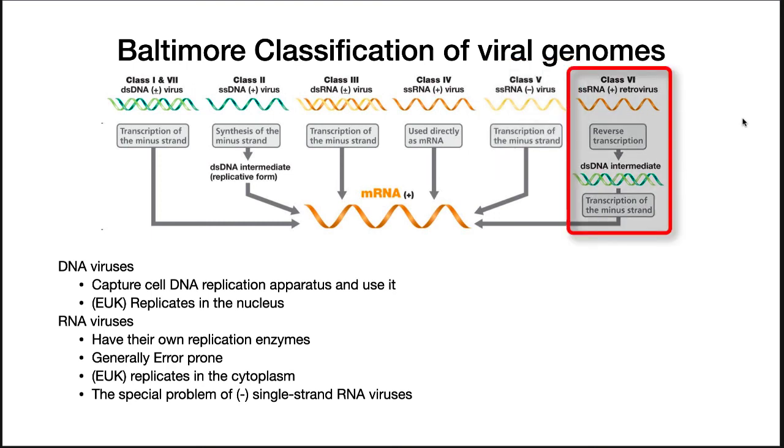Class 6 viruses are also strange. They are positive single-stranded RNA viruses that copy themselves into a double-stranded DNA intermediate. This is then used for transcription and translation. These are the retroviruses discovered by Temin and Baltimore. Professor Howard Temin worked at UW-Madison.